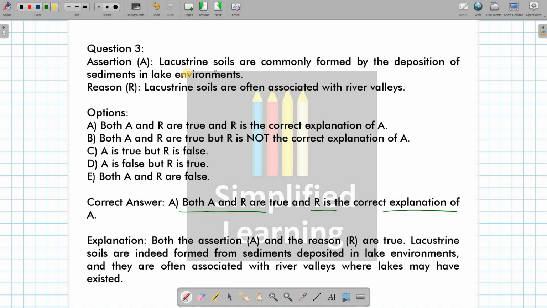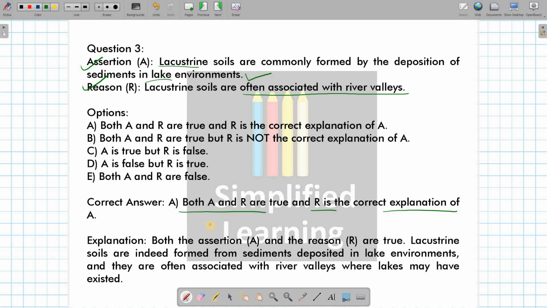See, assertion: lacustrine soils are commonly formed by the deposition of sediments in lake environment, lacustrine and lake. Lacustrine soils are often associated with river valleys. Okay, river valleys or lake environment are water bodies, maybe river will be there, or some lake bodies may also be there. That's why assertion and reason both are true and they are related to each other.